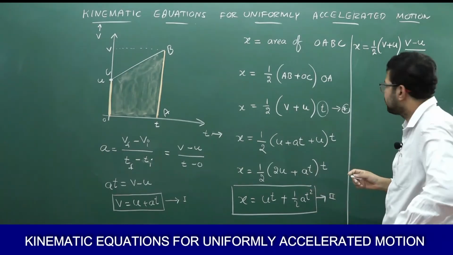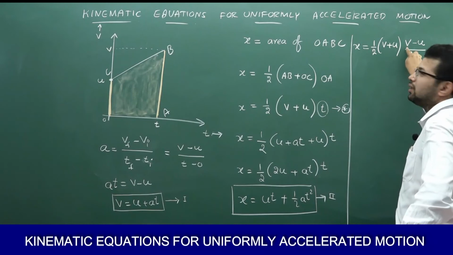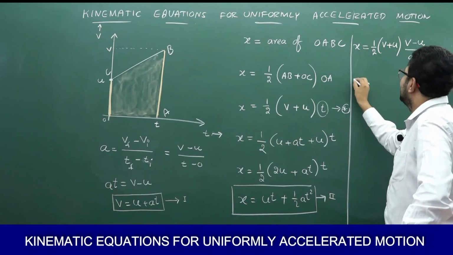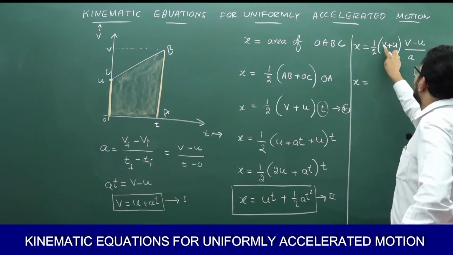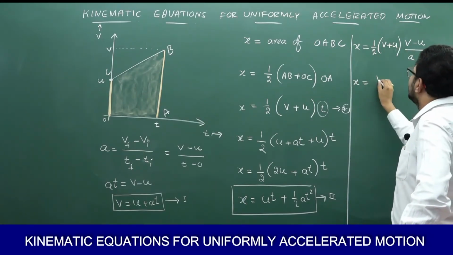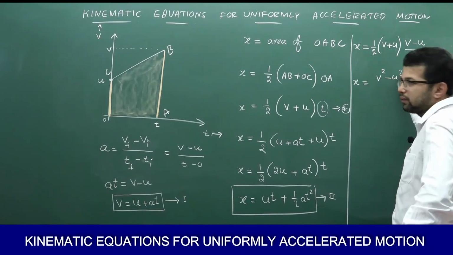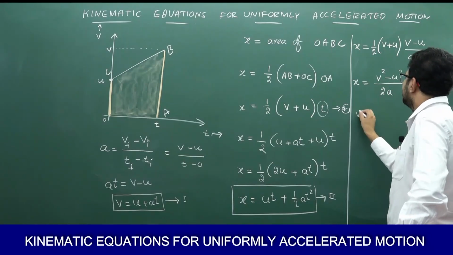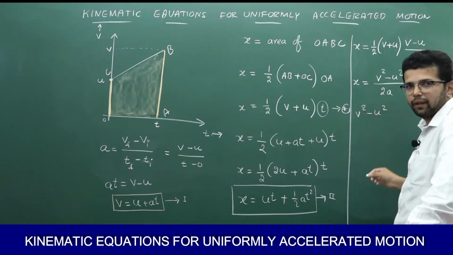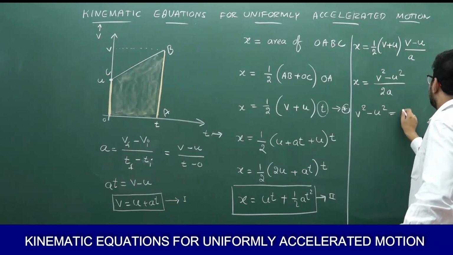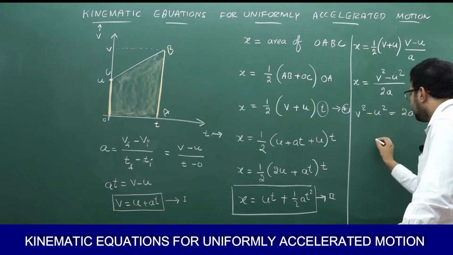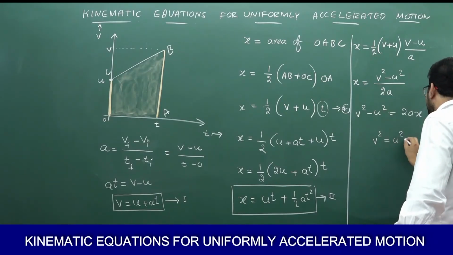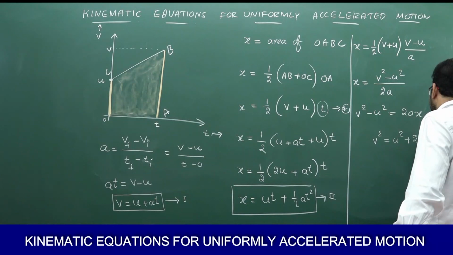Now, here you see this is in the form of (v plus u) into (v minus u), or it is (a plus b) into (a minus b). So, what happens? x is equal to, a plus b into a minus b is a square minus b square, divided by 2a, or what happens? v square minus u square is equal to 2ax, or v square is equal to u square plus 2ax.